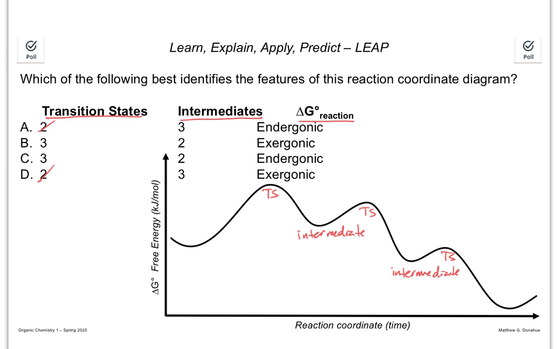And then relative to this horizontal line, where is the product ending up, above it or below it? So below it, so that has to be exergonic. So then our answer would be B.